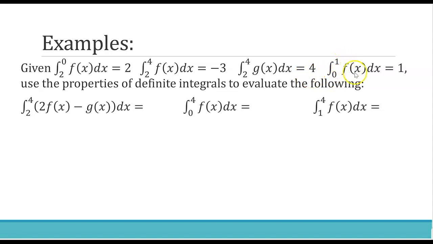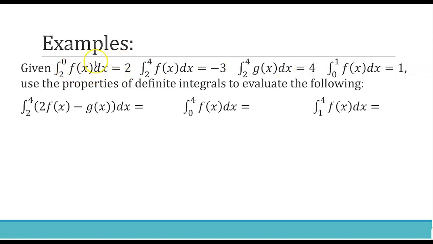And the integral from 0 to 1 of f of x dx is equal to 1. So we have these little pieces of information about the functions f and g and the signed area between certain x values. So the signed area between 2 and 4 on the function f happens to be negative 3. So we just have some sort of random pieces of information.